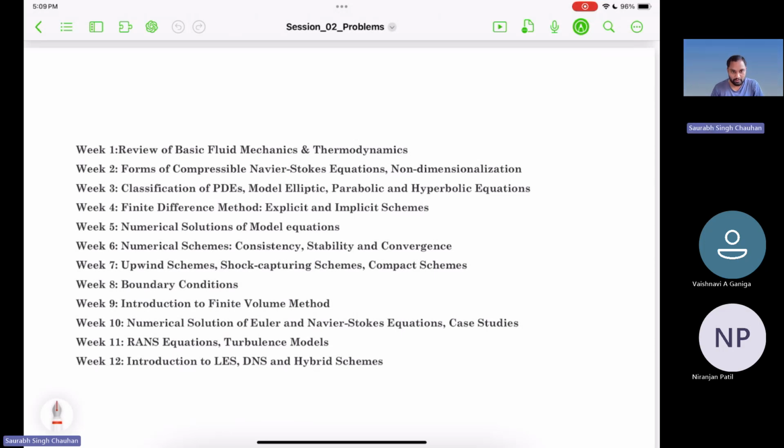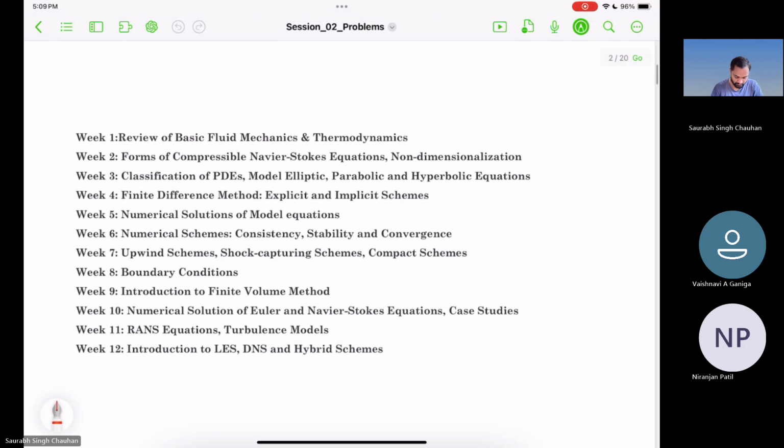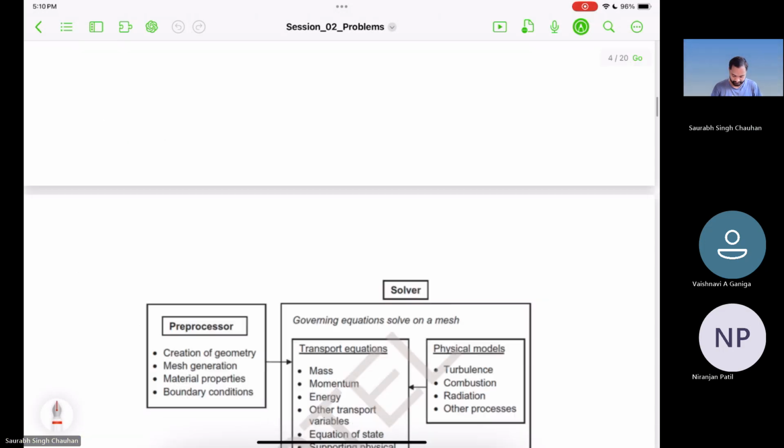So we will try to solve some problems based on the content of week 2. And other than that, if you have any query, any question from week 1 or week 2 or any other doubt related to this course, then you are always welcome to put forward.